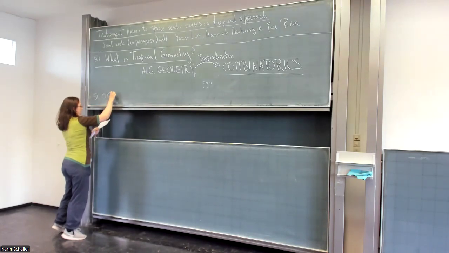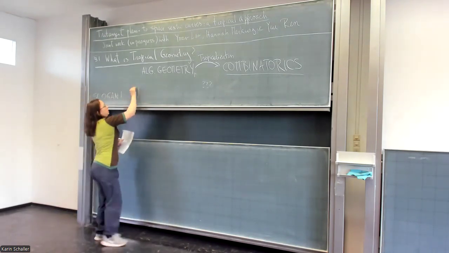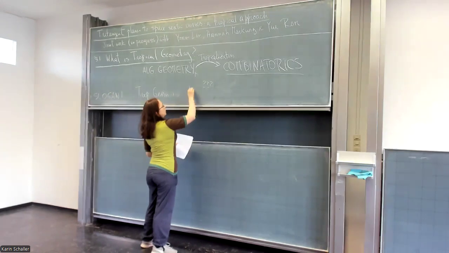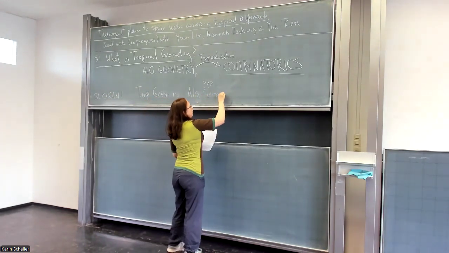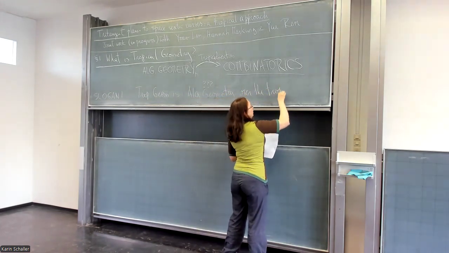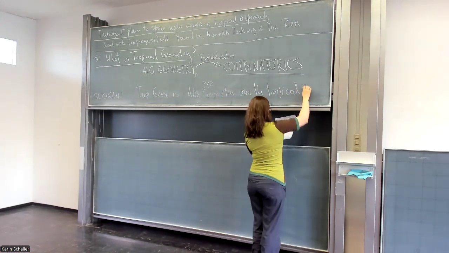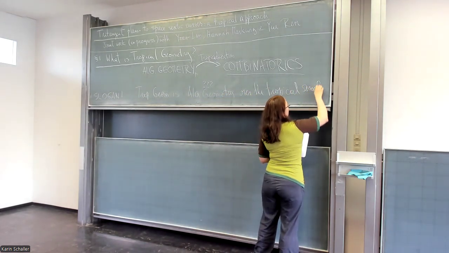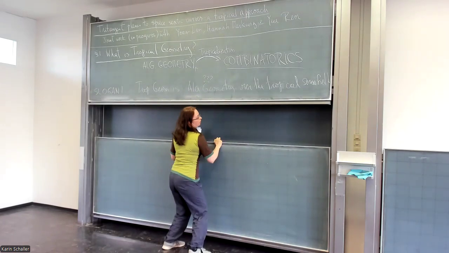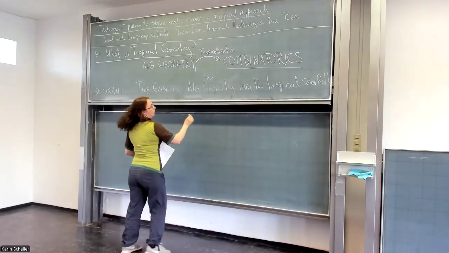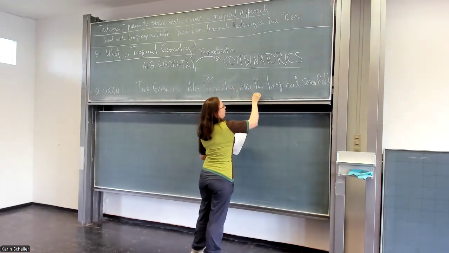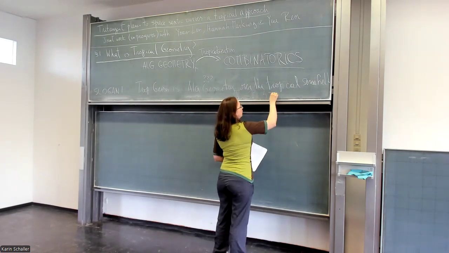So slogan 1 is that tropical geometry is geometry over a semi-field, over the tropical semi-ring. The field is going to be R bar, which is going to be R union minus infinity.